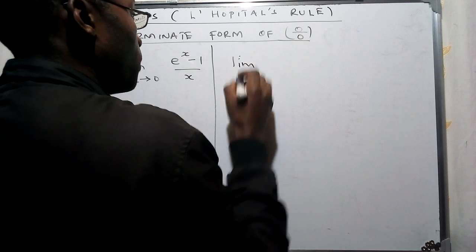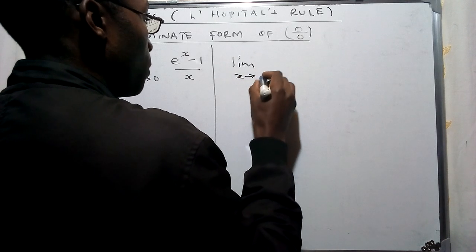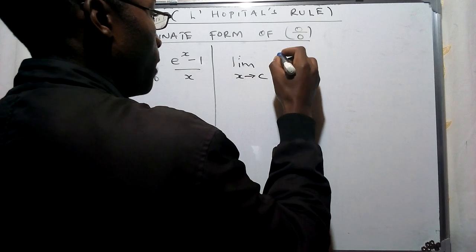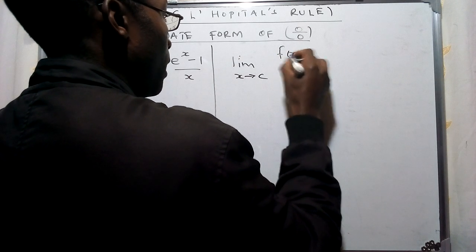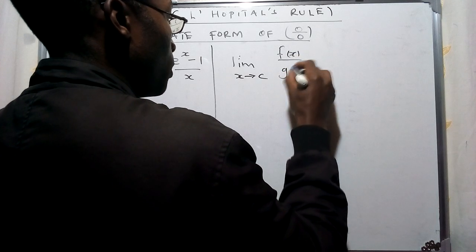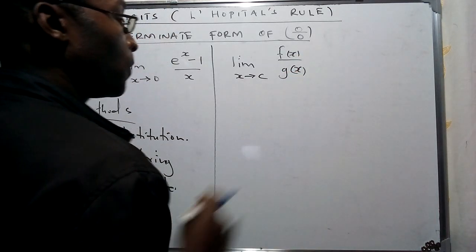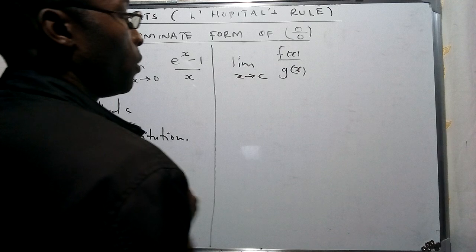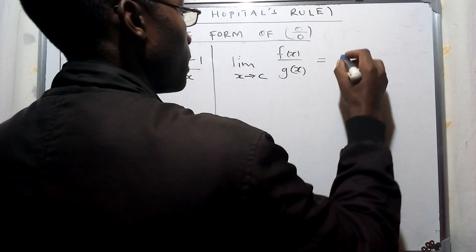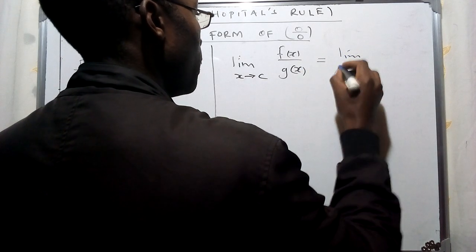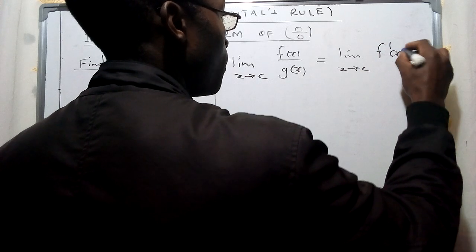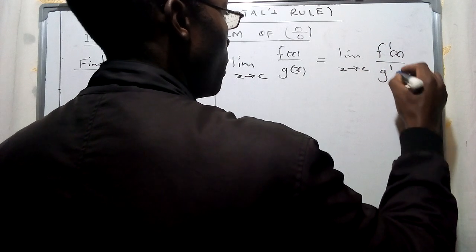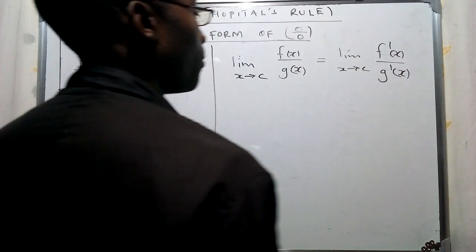So in summary form, I'm just going to quote this specific rule, which gives that if we have the limit of a function given as f(x) all over another function which is going to be g(x), these are going to constitute polynomials. This limit can be given in terms of the limit as x tends to c of the first derivative of this specific function for the polynomial of f(x) and of course g(x).